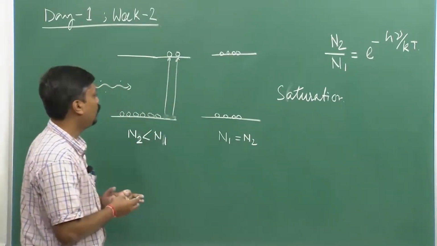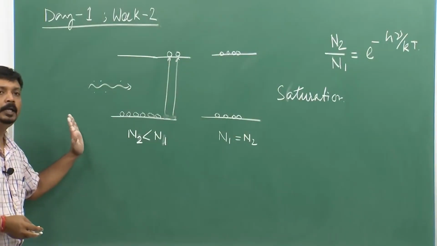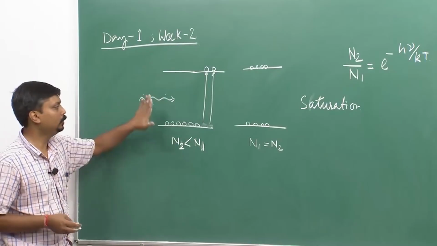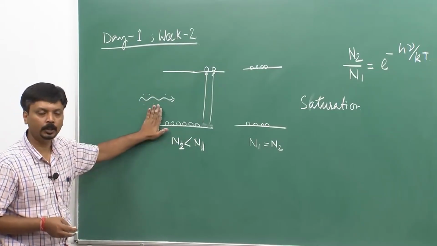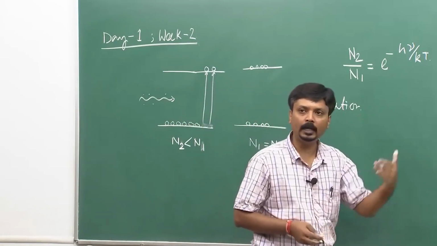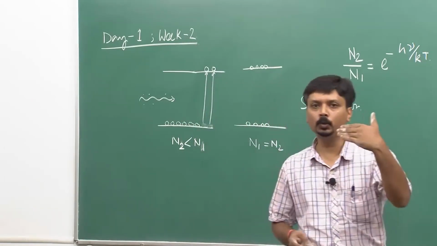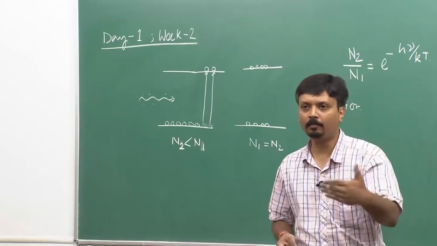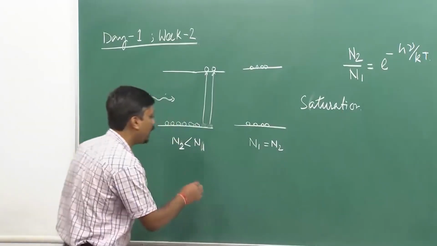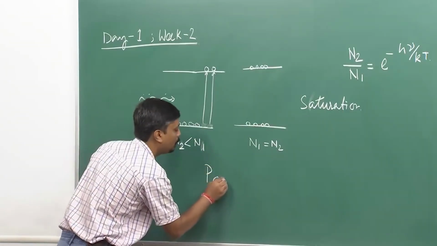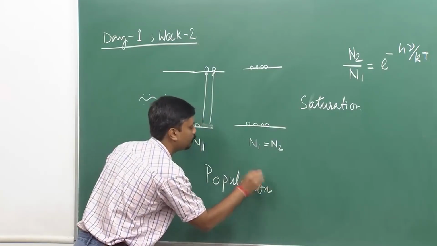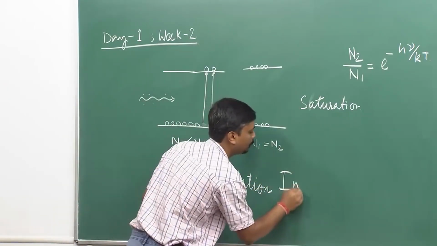So, I want to actually invert the population. This is my equilibrium population distribution, and I want to invert it so that now my state 2 contains more atoms than state 1, and this is known as population inversion.